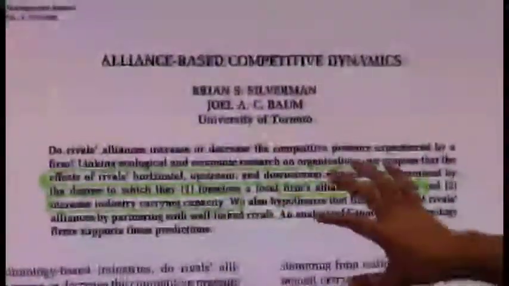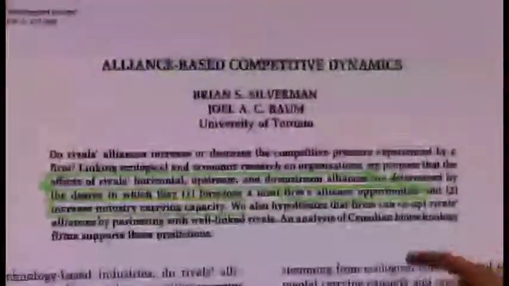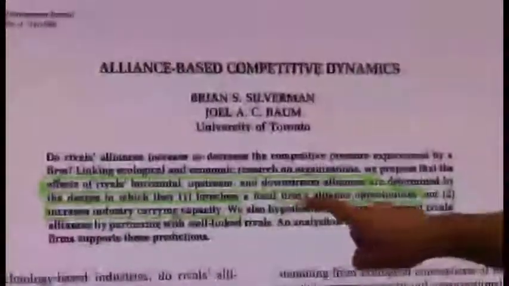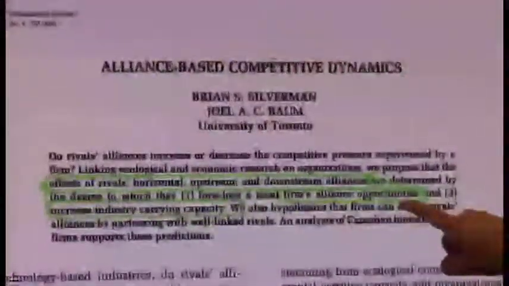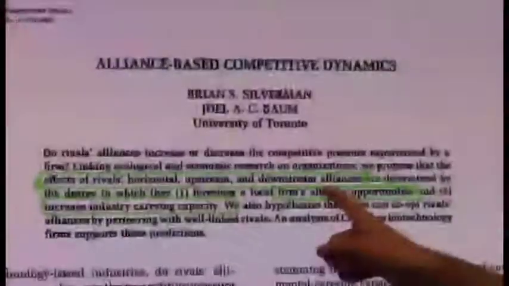So now what we know is that in this article, they have 2 major X's. The one is the degree to which they foreclose a focal firm's alliance opportunities, and the second is increase industry carrying capacity. Or really just carrying capacity, right? So even if I don't know what those things are, and I don't, that's a question for me to find out.